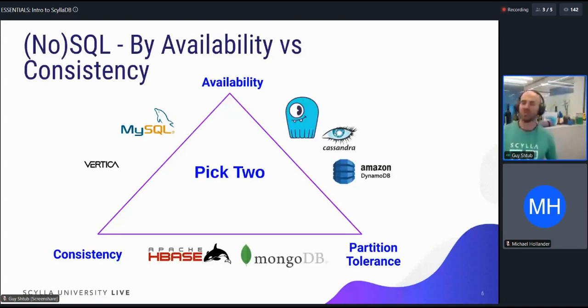And here we can see ScyllaDB together with Apache Cassandra and Amazon DynamoDB. And these databases give a preference for availability over consistency. Now, that does not mean that they're not consistent. They are consistent, and the consistency is tunable as well.